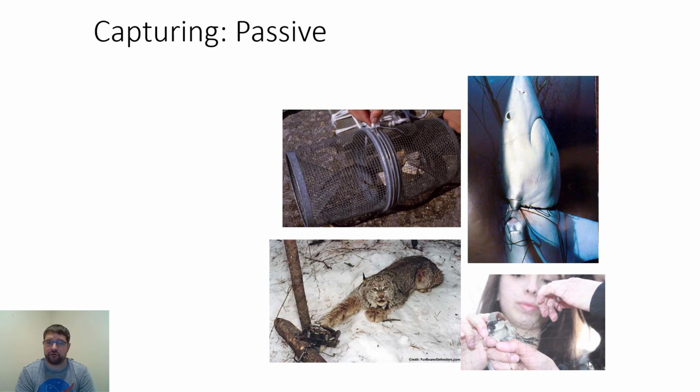Sometimes it's just a hit or miss kind of technique where if the organism's in the region, it's going to get captured. If it's not in the region, you're not going to capture it, that kind of thing. Those are passive techniques. So, yes, there's a little bit of activeness to set them up, but then after that, they do the collecting on their own.